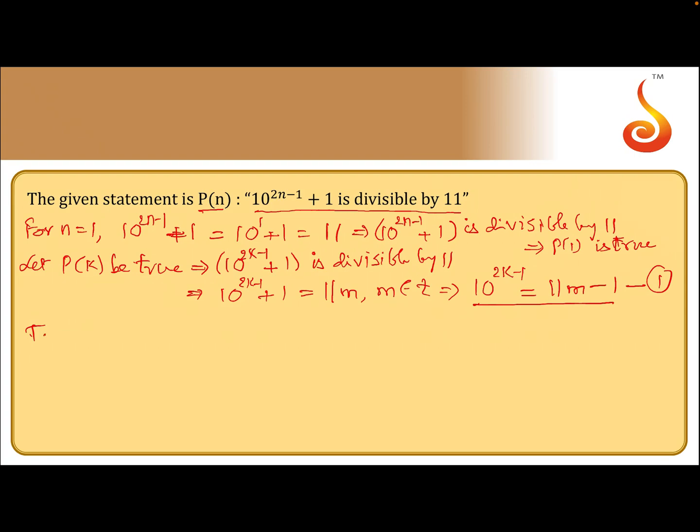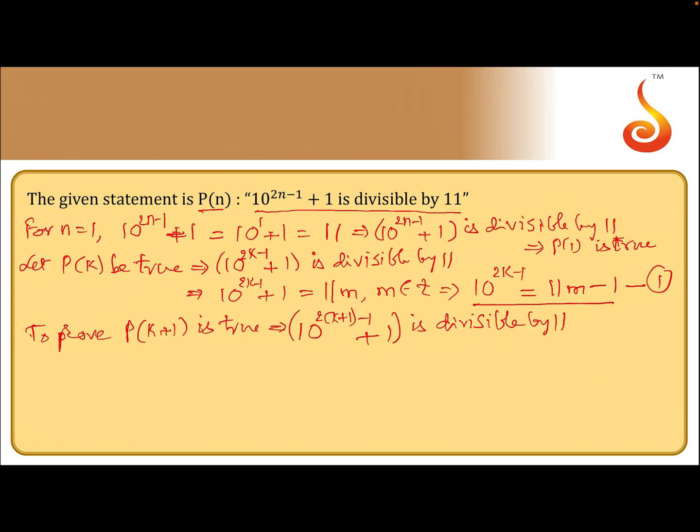Now I have to prove the statement for k plus 1. To prove P(k+1) is true, I have to show that 10^(2(k+1)-1) + 1 is divisible by 11.